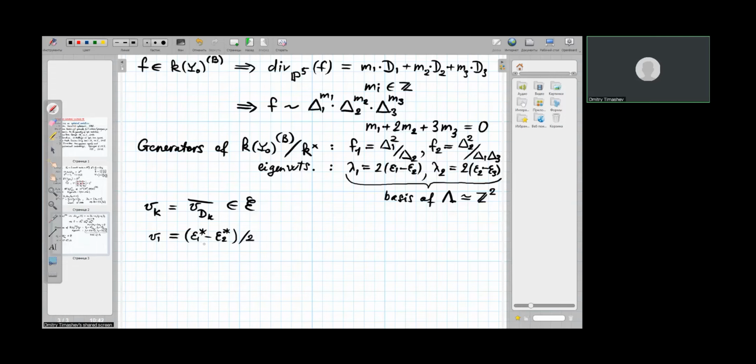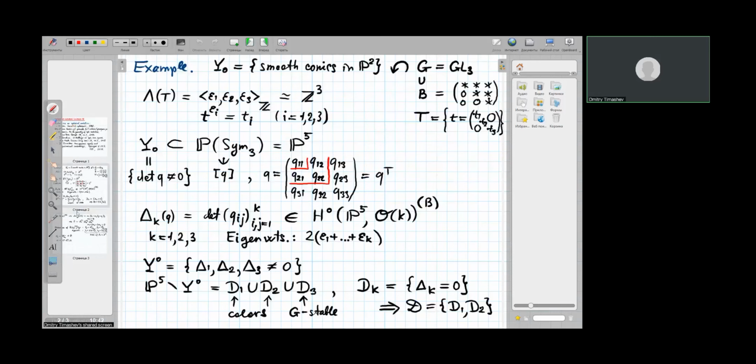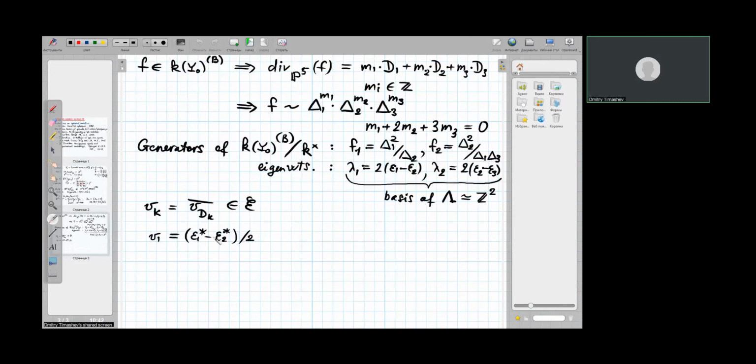So this vector space E is the quotient space of the vector space spanned by epsilon 1 star and epsilon 2 star.